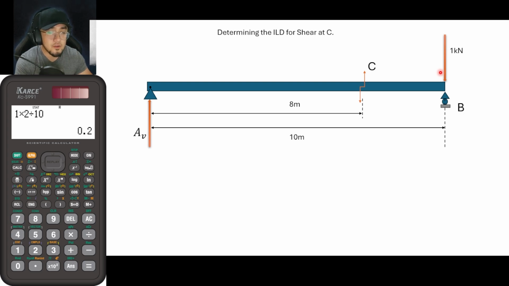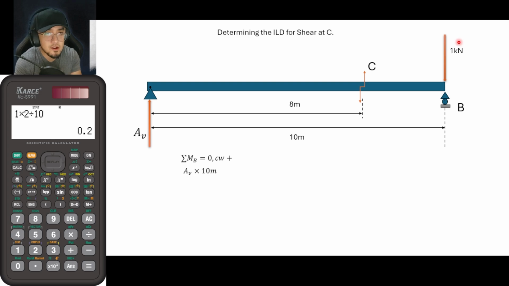But if ever you did this right away, and you would now be getting the summation of moment at B equal to 0, clockwise positive, what are the forces that would cause rotation about this point? That is AV times 10, and that is positive once again since it is clockwise. What other forces would cause rotation about this point?